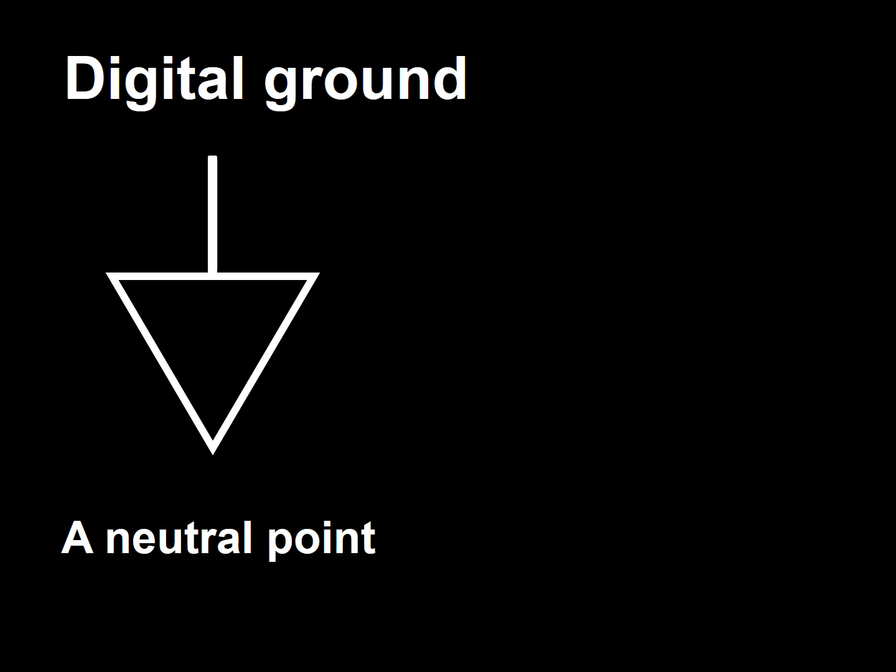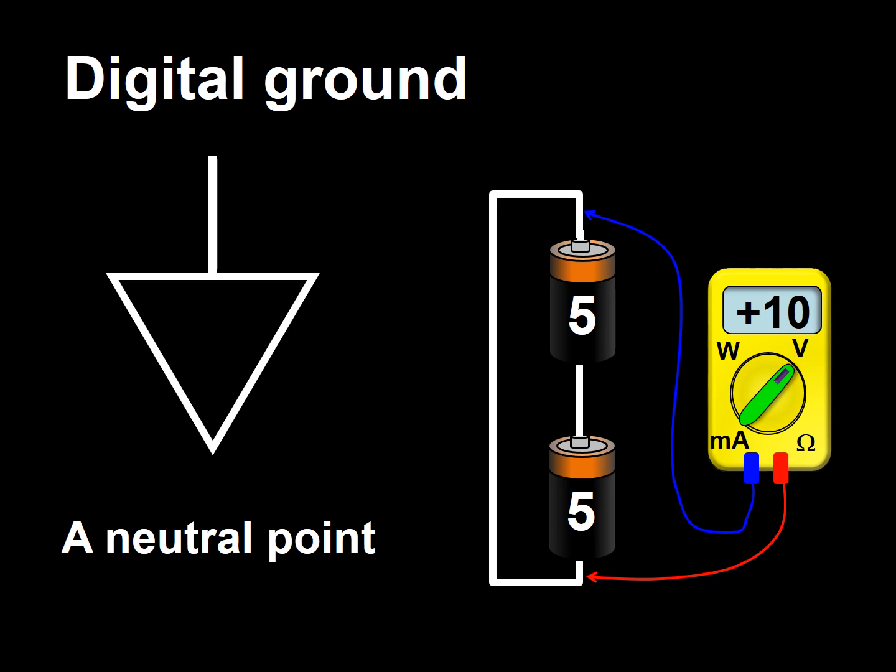A simple way to conceptualize a digital or floating ground starts by thinking of a circuit with two batteries being measured by a voltmeter. In the case presented in this frame, since the batteries are 5 volts each and measured in such a way as to add their value, their combined voltage will be 10 volts.